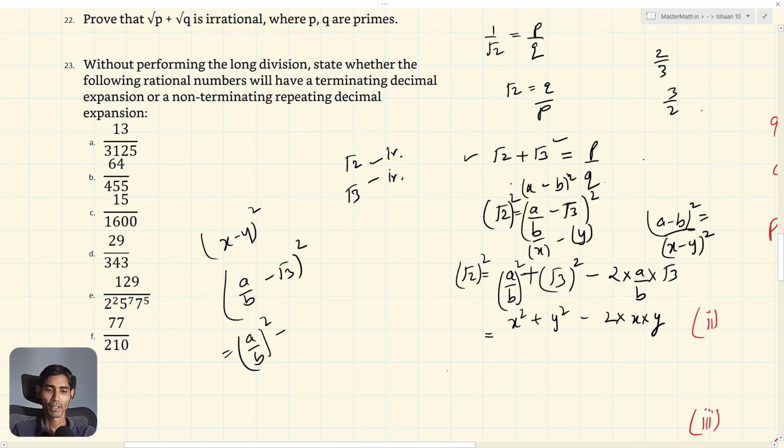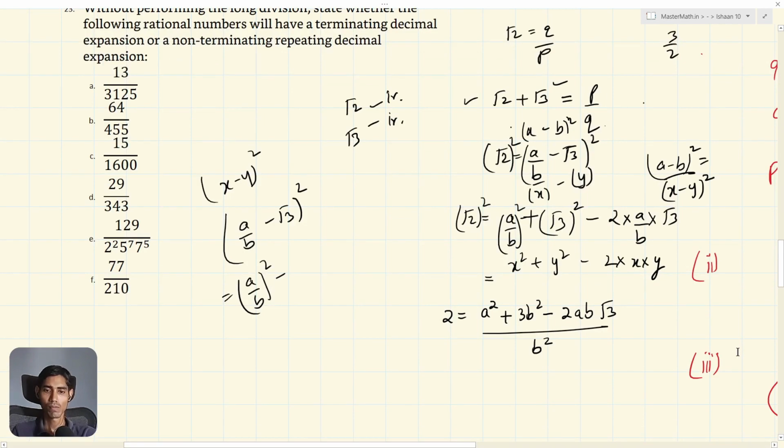So 2 is equal to, simplifying this by taking the LCM, a square plus 3b square minus 2ab root 3 by b square. Just see if that is okay. Take b square to that side and take everything else apart from root 3. So we'll get 2b square minus a square minus 3b square is equal to minus 2ab root 3, right?